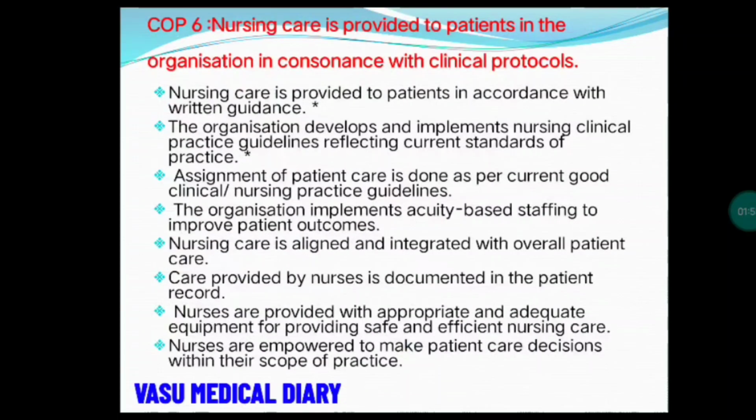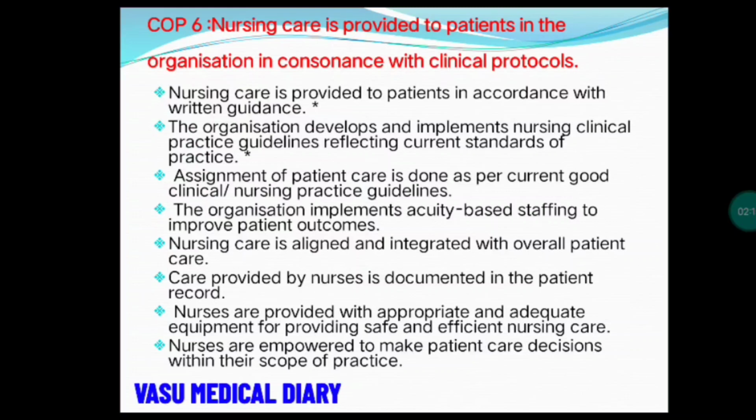COP 6. Nursing care is provided to the patient in the organization in consonance with clinical protocols. Nursing care is provided to the patient in accordance with the written guidelines, and the organization develops and implements nursing clinical practice guidelines reflecting current standards of practice.